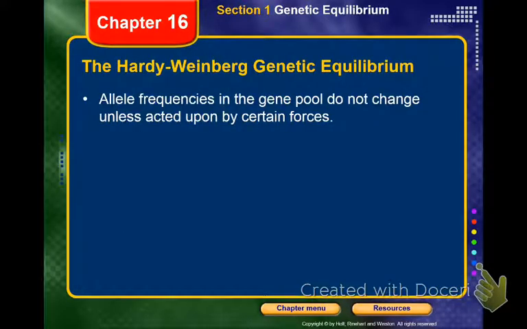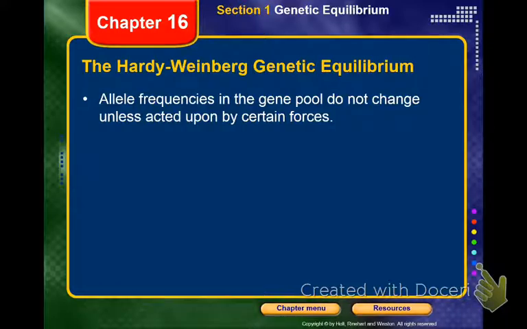Now, the Hardy-Weinberg equilibrium. Two mathematicians, Hardy and Weinberg, used mathematics to prove that evolution has to occur by proving what conditions must be met in order for evolution to not occur. So they proved the existence of evolution, change over time, by proving, hey, if evolution isn't going to occur, these are the conditions that must be met.